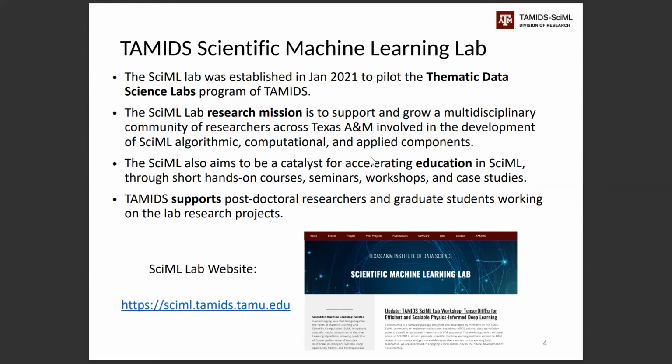We are also supposed to be a catalyst for education, so we do short hands-on courses, seminars, workshops, etc. Tumbits also supports postdoctoral researchers and graduate students. There's a website where you can get more information.